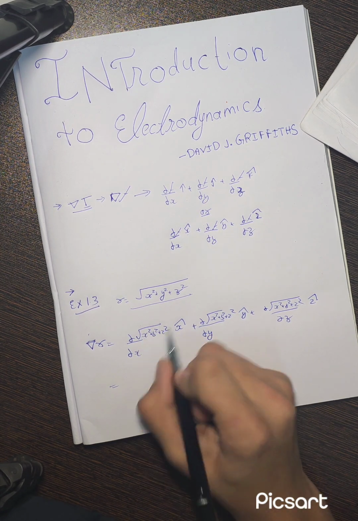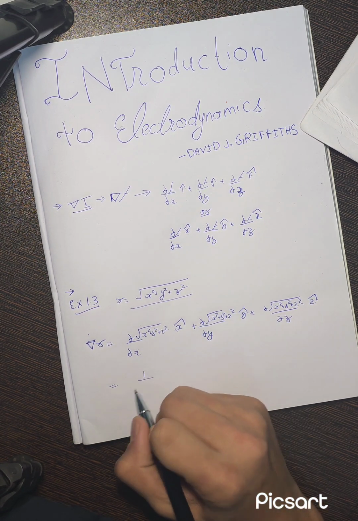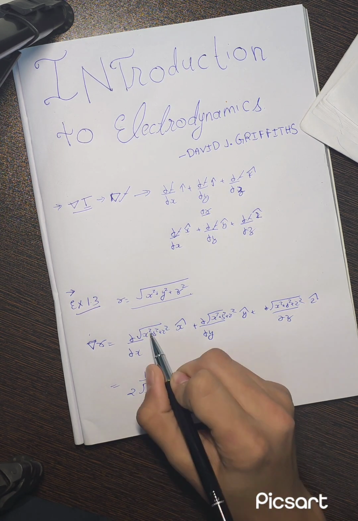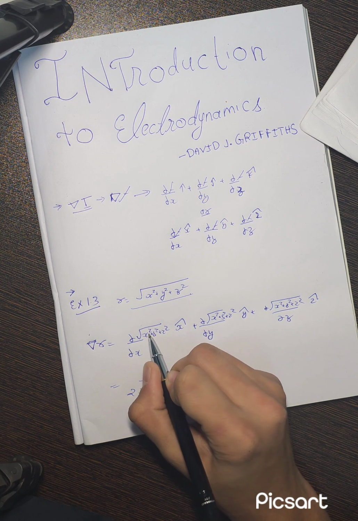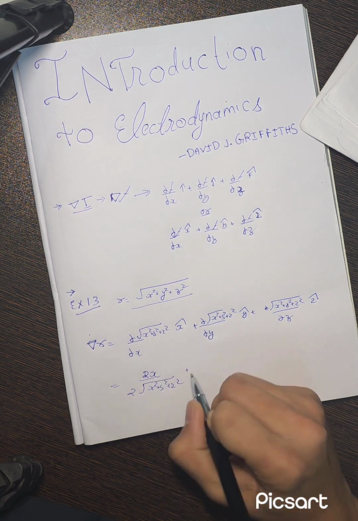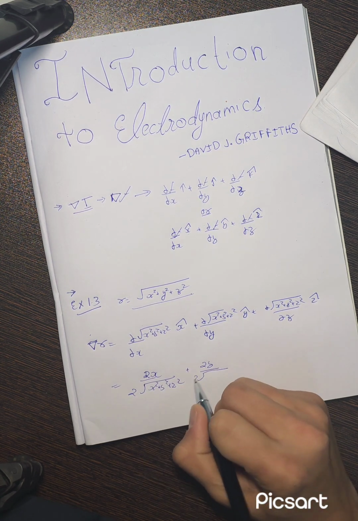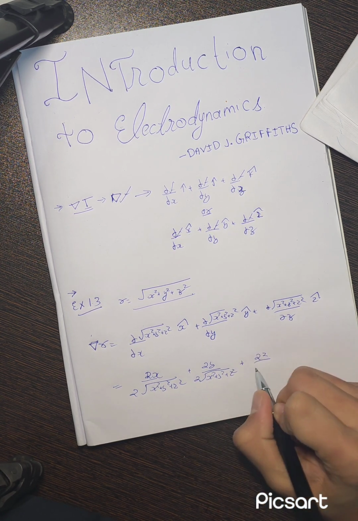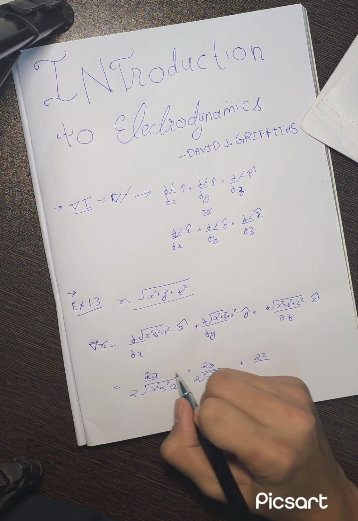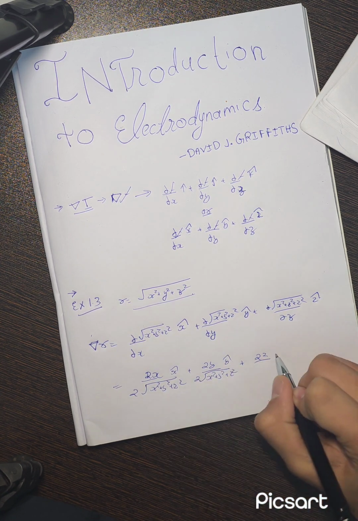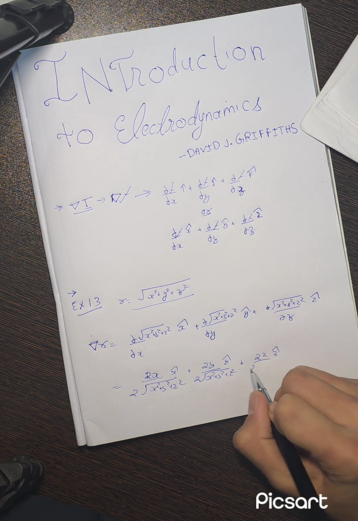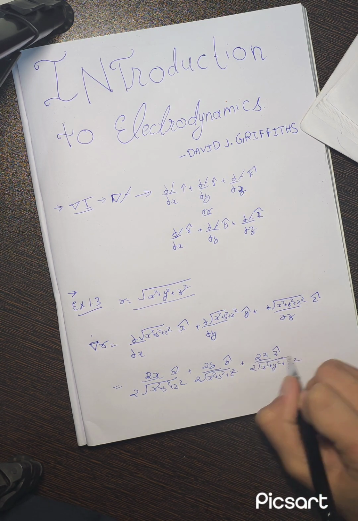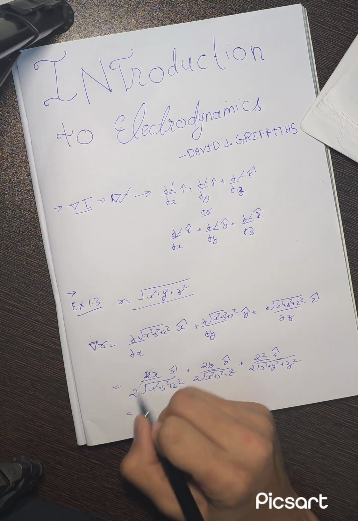We just differentiate this function, so we get 1 by 2 root over x square plus y square plus z square from the first thing, and we also get 2x. Similarly, 2y and 2z.